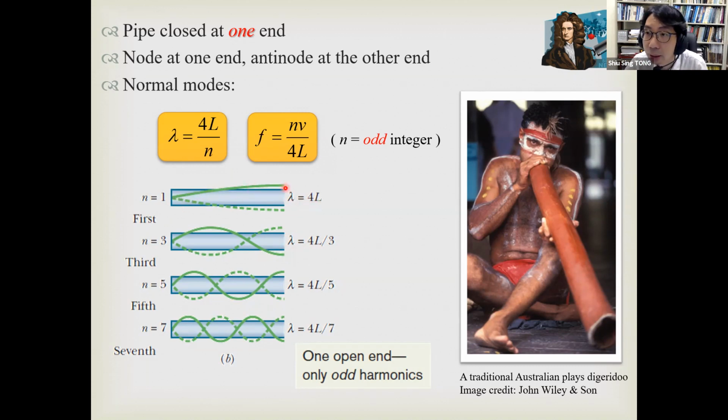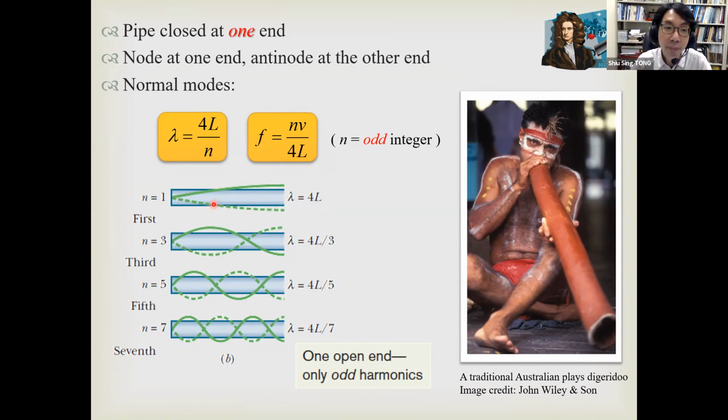You can see it is only a quarter of a wavelength, because from 0 to a maximum is only a quarter of a wavelength. So the wavelength is 4 times the length of the tube.